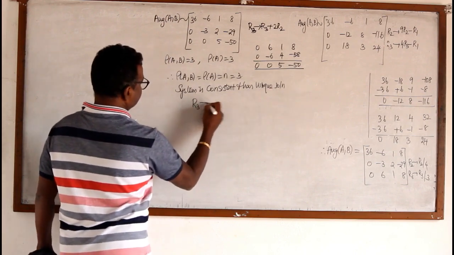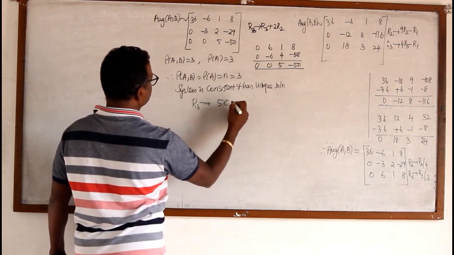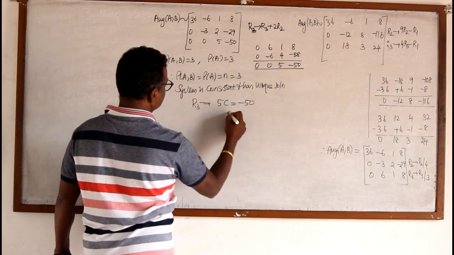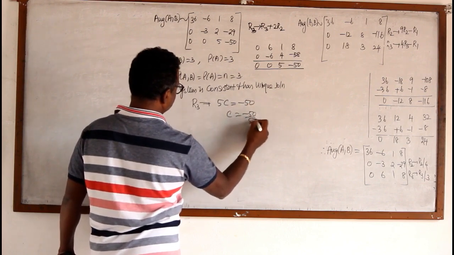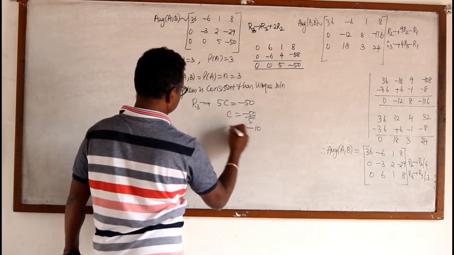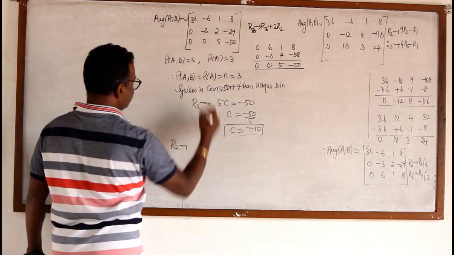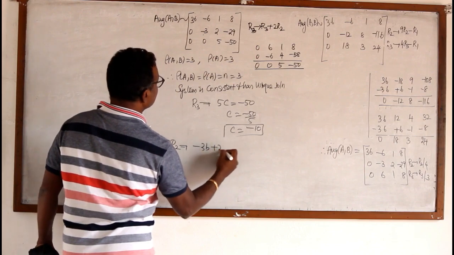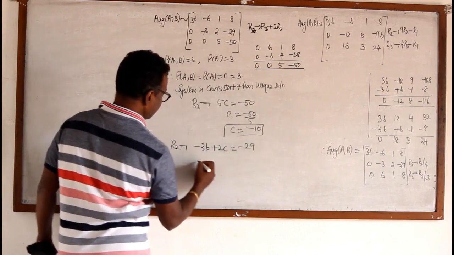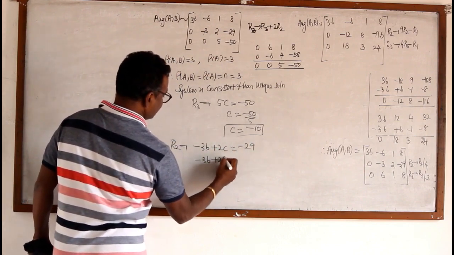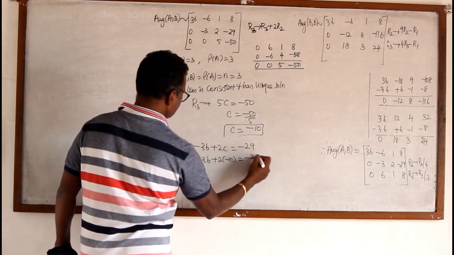Therefore, R3 implies 5C equal to minus 50, C equal to minus 50 by 5, C equal to minus 10. When I go for R2, this is B: minus 3B plus 2C is minus 29. Minus 3B, 2 into minus 10 equal to minus 29.